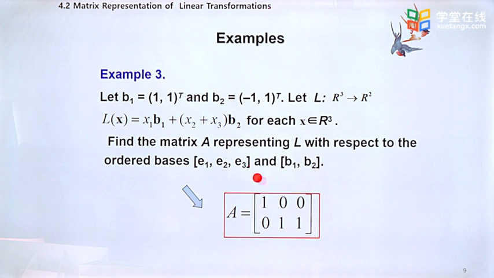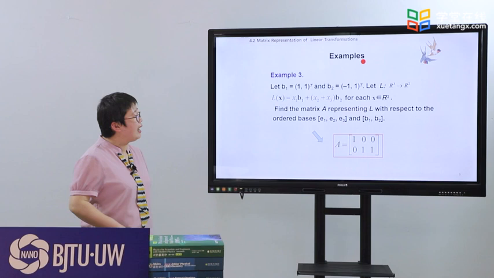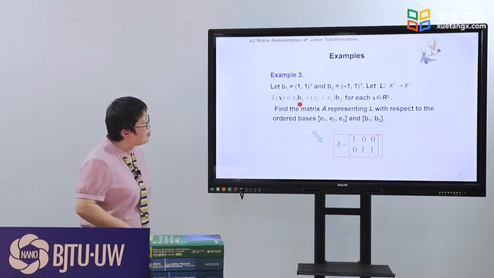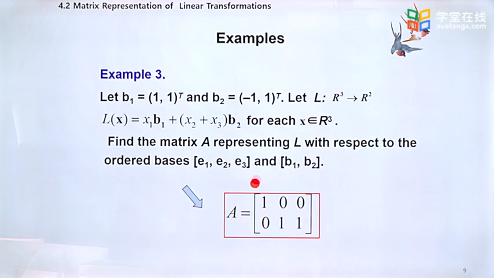The matrix A can be obtained easily from this expression of L(x), because L(x) in fact just uses the standard basis E1, E2, E3 to B1, B2, and is already written in the coordinate vector of B1, B2. So you can obtain immediately A equals (1, 0, 0; 0, 1, 1), because if you multiply by x1, x2, x3, you will get x1 for the first coordinate, and x2 plus x3 for the second coordinate.